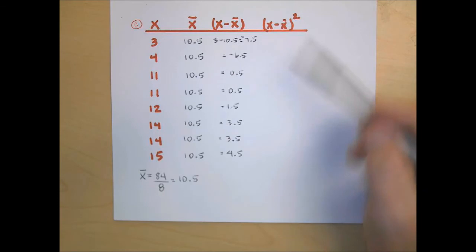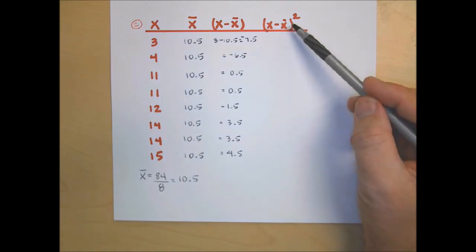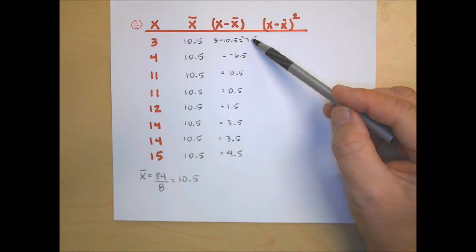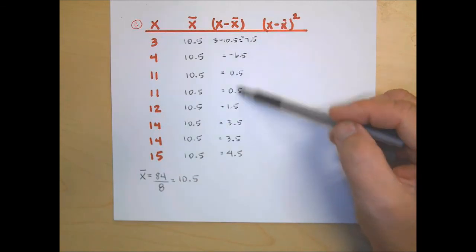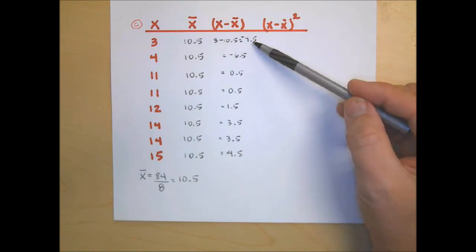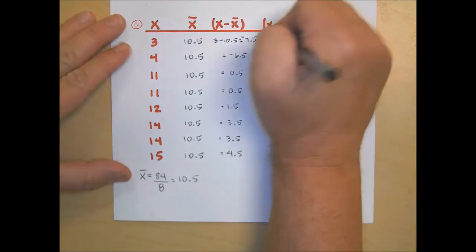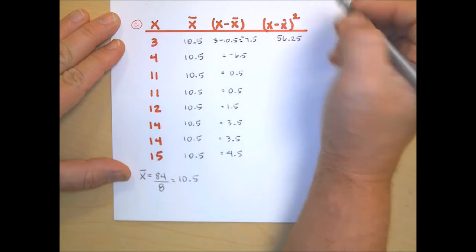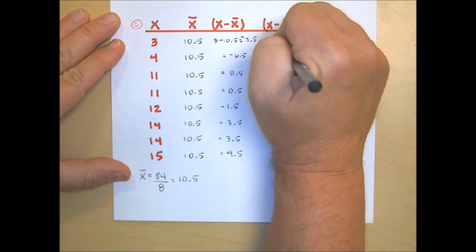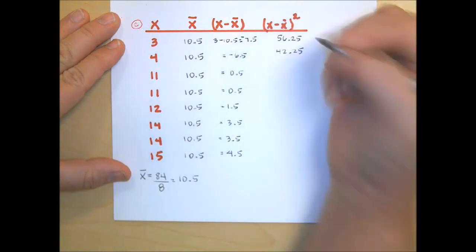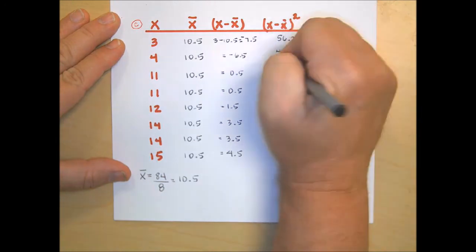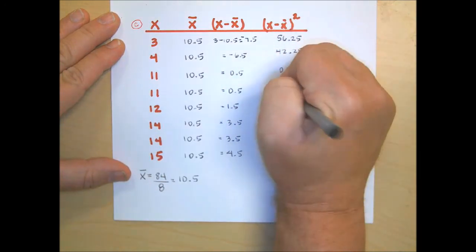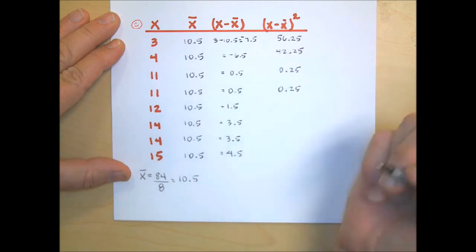Now, this column is simply x minus x bar squared. So it's every difference that we found squared. Now, I've done this already too. This is 56.25. I've got 42.25 here. I've got 0.25, 0.25, another 0.25.